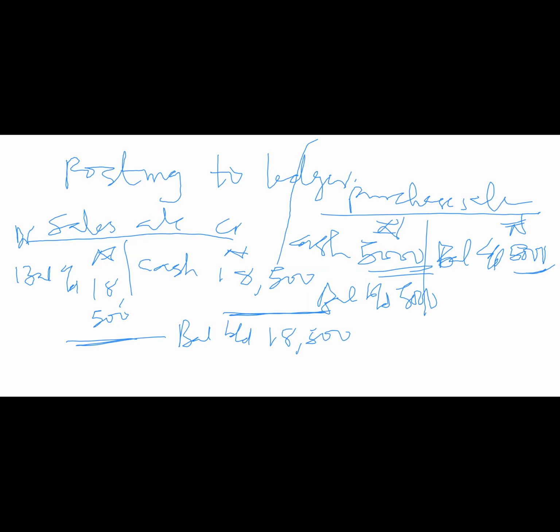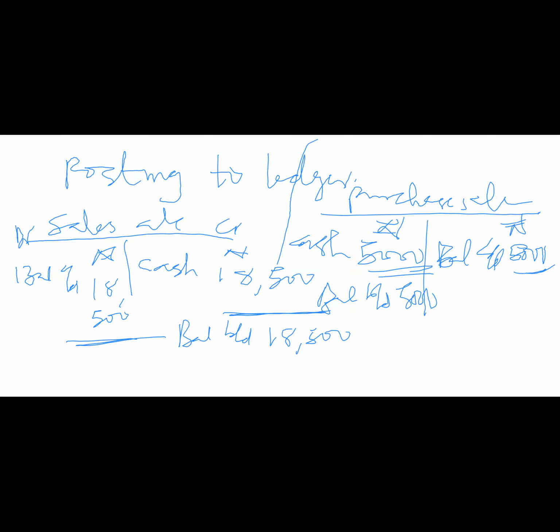Since the balance BD falls on the credit side, that means you have to post the sales account to the credit side of the trial balance.